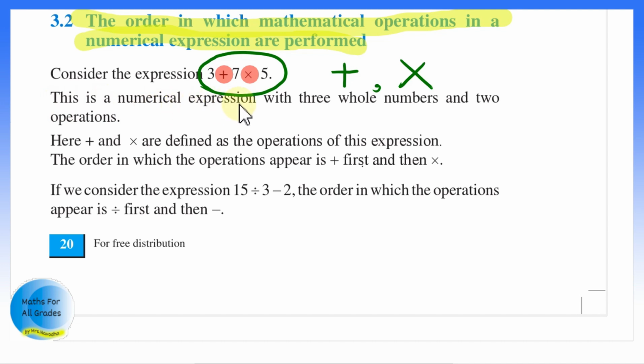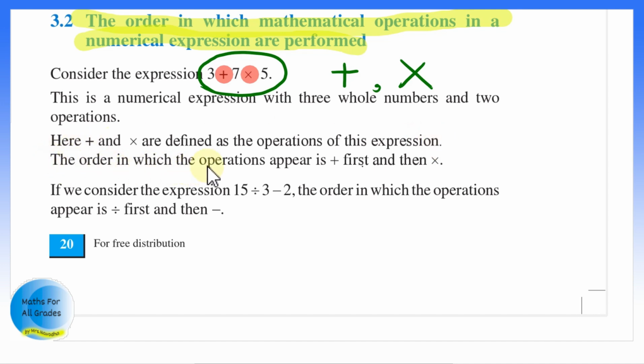This is a numerical expression with 3 whole numbers and 2 operations. What are the 3 whole numbers? 3, 7, 5. Those are the whole numbers. And what are the 2 operations? They are addition and multiplication. Here, addition and multiplication are the operations of this expression.